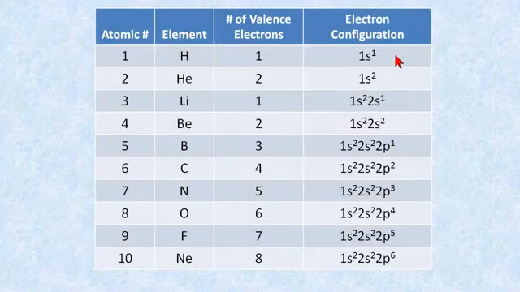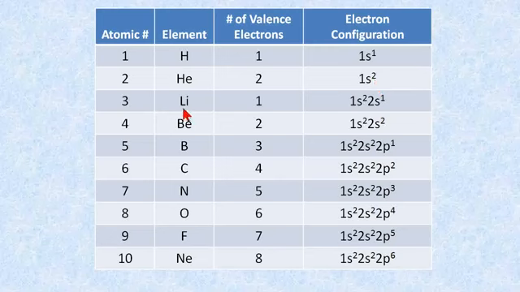The way we track the electron configurations is as we start with the atomic number 1 through 10. We label them as 1s1, and that's the electron configuration for hydrogen. 1s2, that's the electron configuration for helium. In other words, you're in the first period, you're in the s sublevel or subshell, and then there's 2 electrons in it.